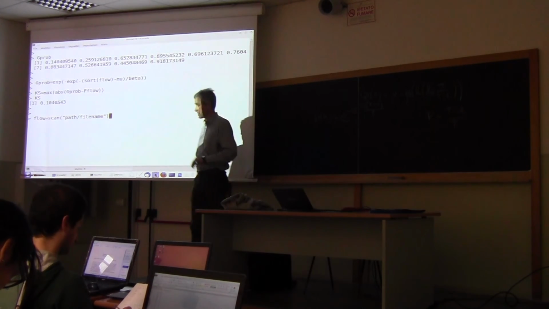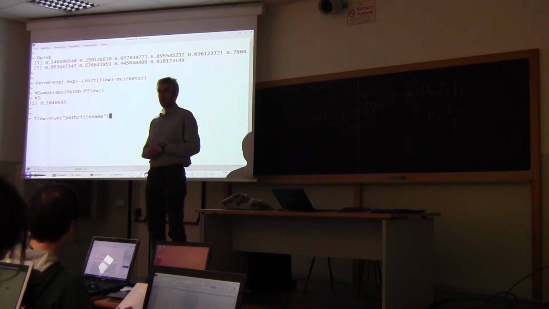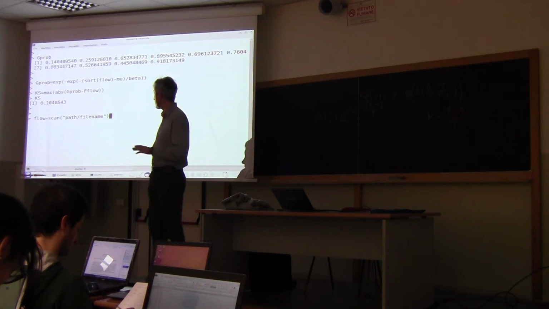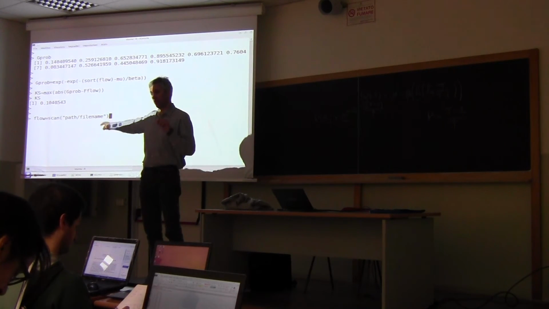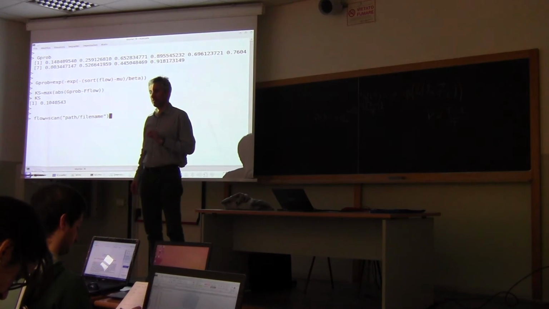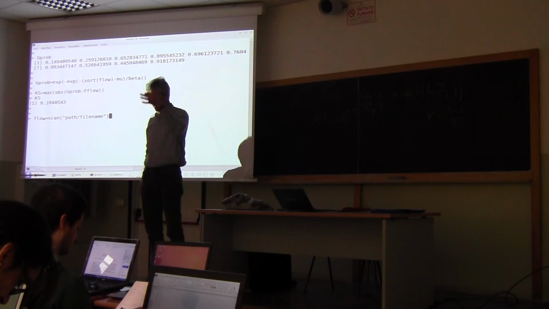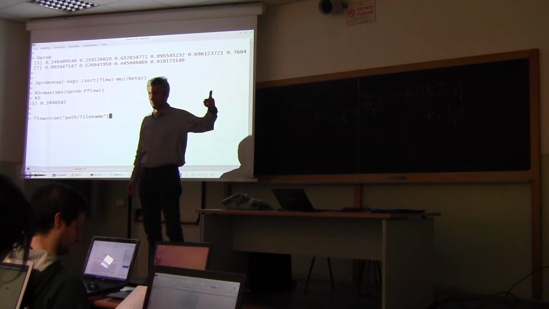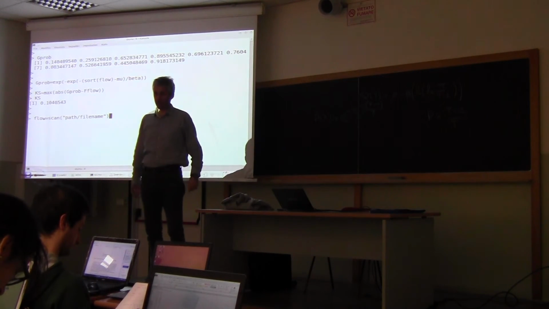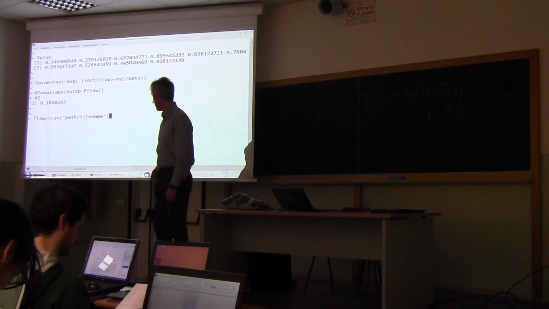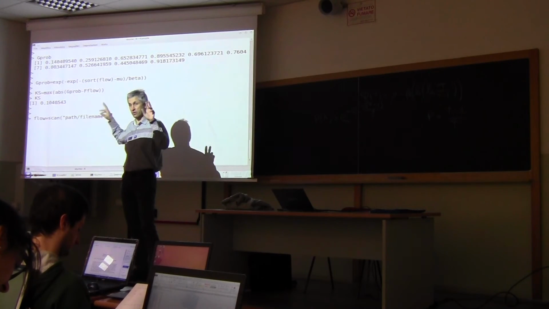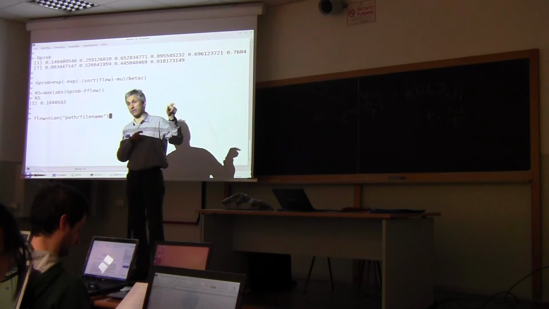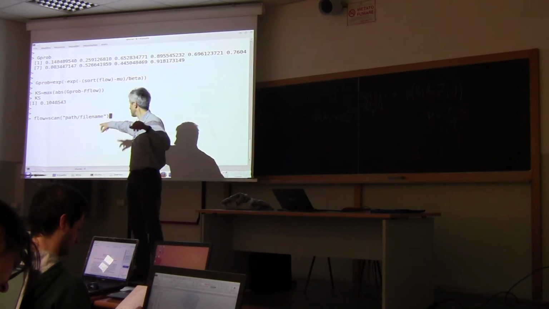Basically, what you have to learn is the name of the function, scan. It allows you to scan an external file, an ASCII file. And then you need to give as argument of the function the file name, enclosing the path between quotation marks.